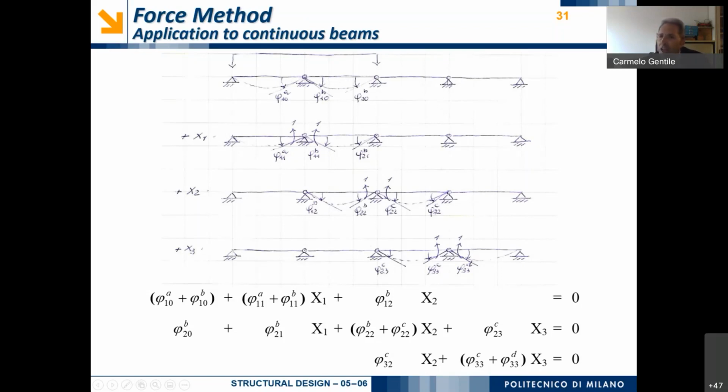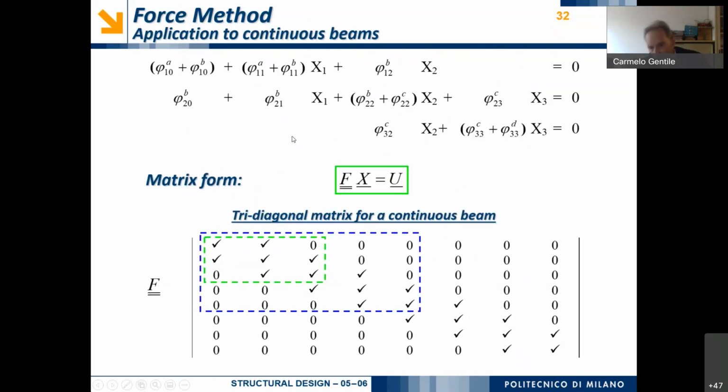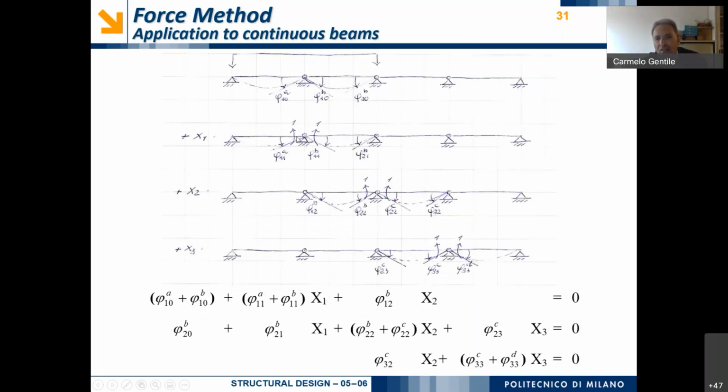And if the cross section and the intermediate support are continuous, this means that there will be no relative rotation between the left hand side and the right hand side of cross section number 1, and similarly there will be no relative rotation between the left hand side and the right hand side of cross section number 2, and similarly for cross section number 3.